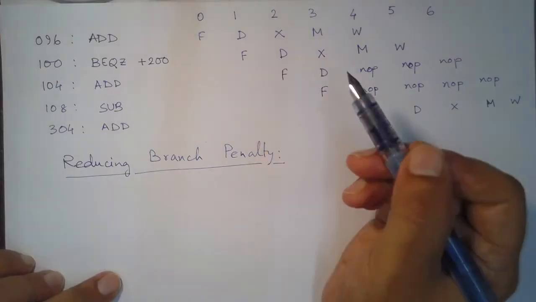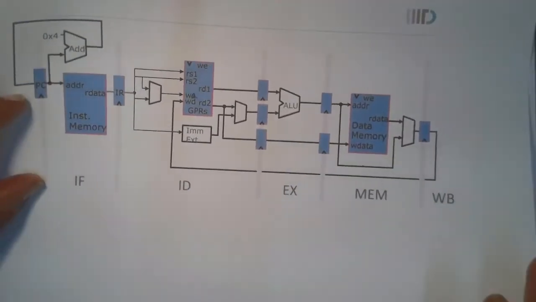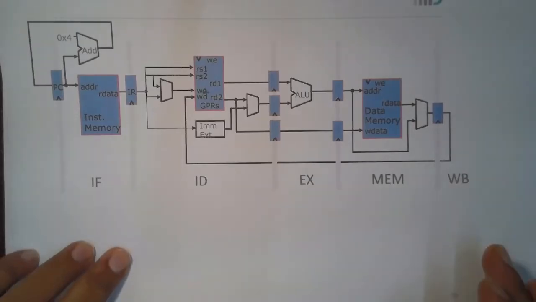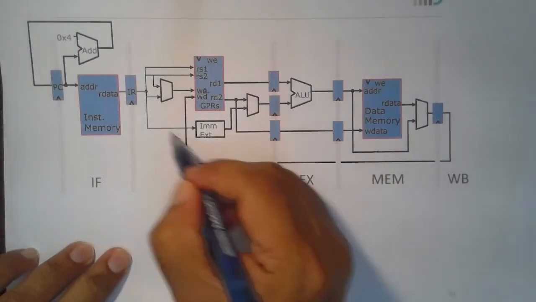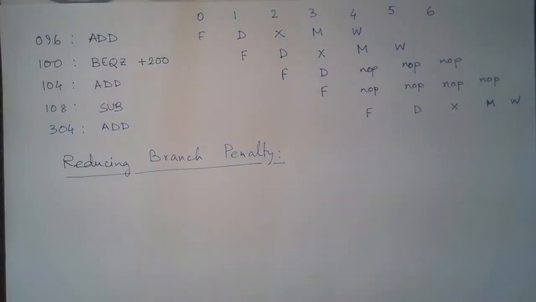How can we do that? We can do that by introducing some extra hardware in the decode stage. The branch part is not shown here, so this diagram will not be very helpful.